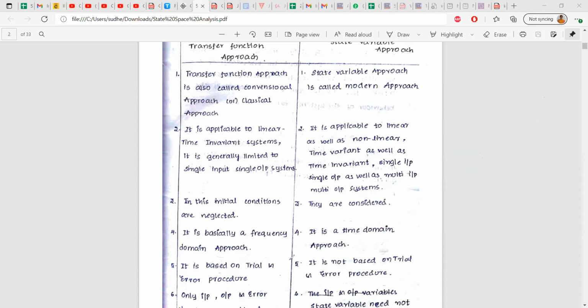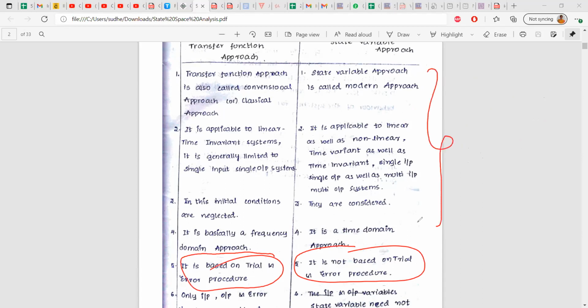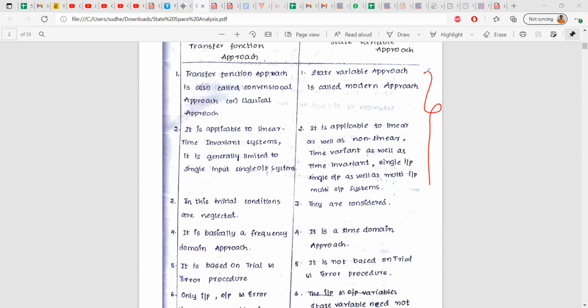Similarly, we have different differences. One is based on the trial and error procedure, the other is not based on the trial and error procedure. We have other differences also, but the major differences we are focusing on, between transfer function and state variable approach: one is a traditional, conventional approach, and the other is a modern approach.